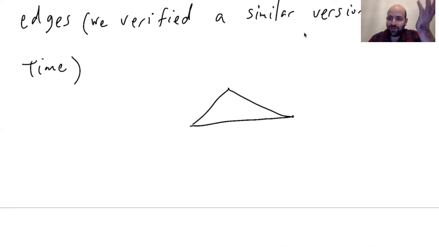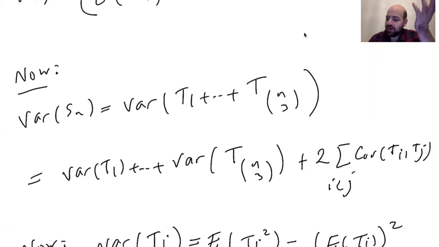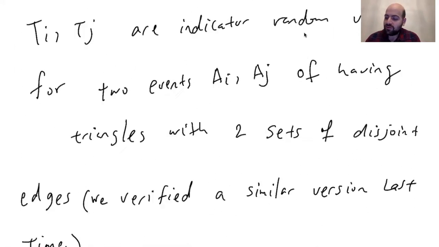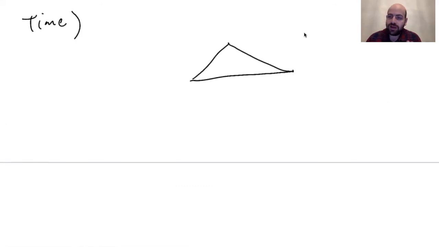Remember, we had variance terms and covariance terms. Variance terms are already bounded from above. We are bounding covariance terms. Now, if I have two same events, Ai and Ai, I will have Ti and Ti, and covariance of Ti and Ti means variance, which is already bounded. So if I have two edges in common, I will have a variance term, which is already bounded.